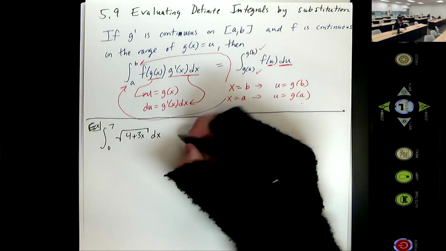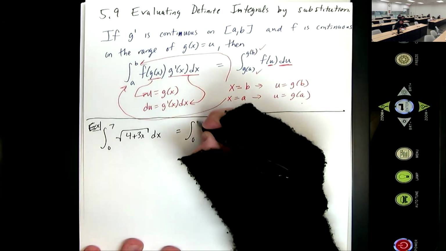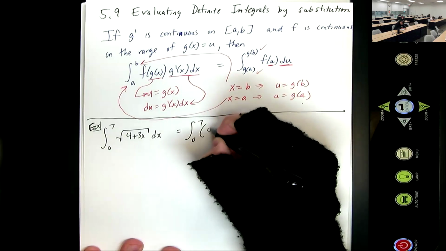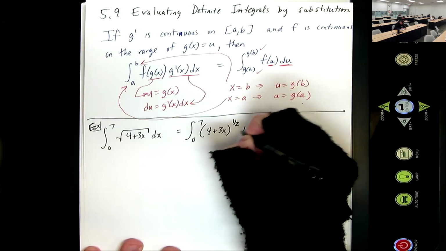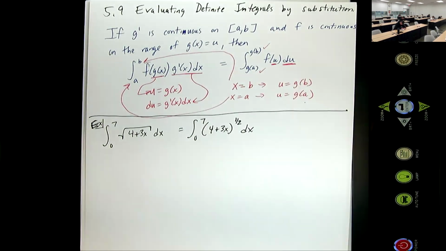I'm gonna rewrite that using an exponent. Square roots are easy to forget what you do with them, but when you see them as a power, it's easier to remember how you deal with them.